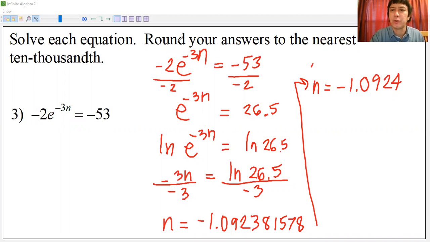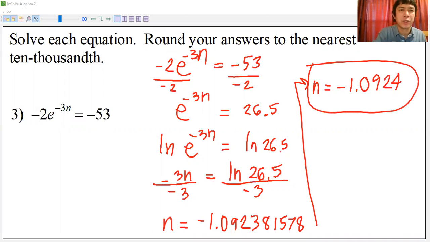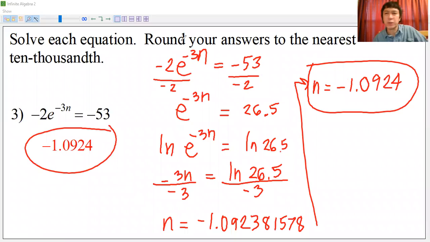All right, that should be it. We'll check and verify over here. There's the computer's recorded answer, negative 1.0924. All right, we are correct. And we shall continue with the next number, number 4.